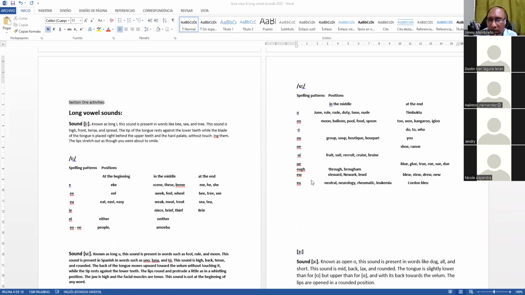All right, and then we have the combination E and U. In the middle, we have examples with the words neutral, neurology, rheumatic, leukemia.